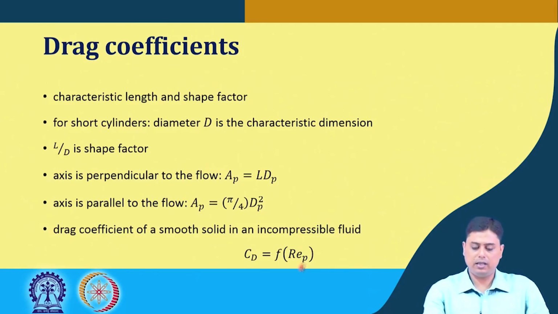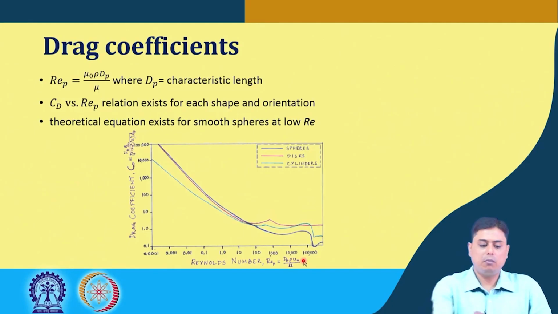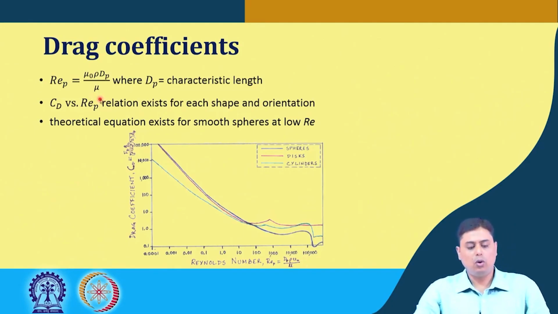P stands for the particle. This particle Reynolds number is defined such that mu 0, rho and dp form the numerator and mu is the denominator of this REP, where dp is the characteristic length.